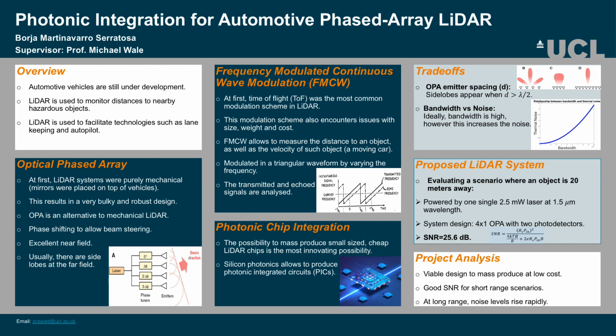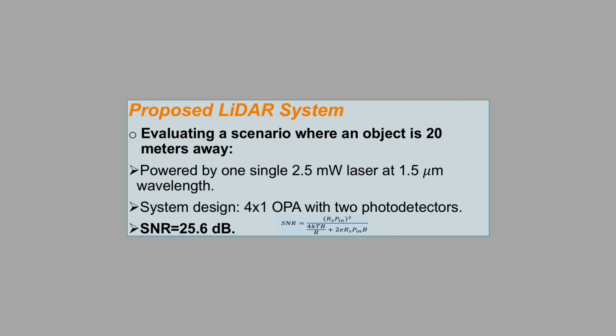Considering these trade-offs and a few others I made throughout the project, I was able to propose a LiDAR system. In this LiDAR system, I assume we were evaluating a scenario where we want to analyze an object which is 20 meters away. So in this system, I decided to use a 2.5 milliwatt laser at an eye-safe wavelength.